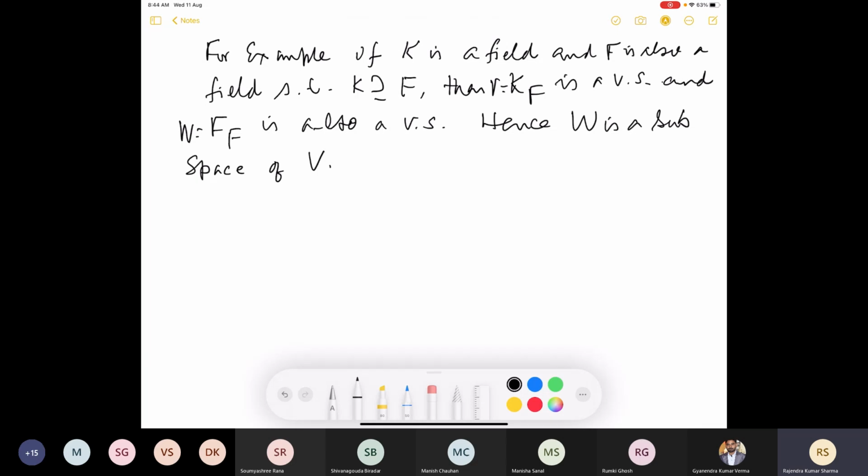Naturally, V is a subspace of V itself, and the singleton set consisting of 0 only is always another example of a subspace of every vector space.